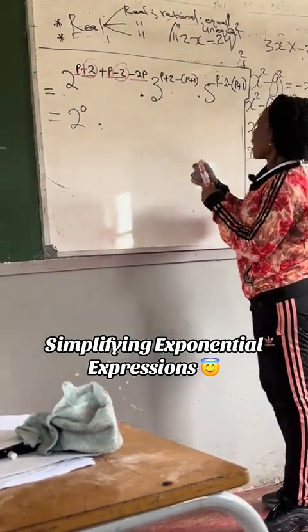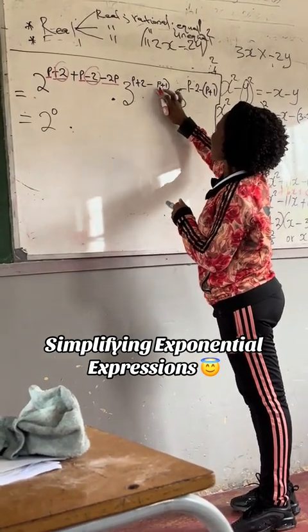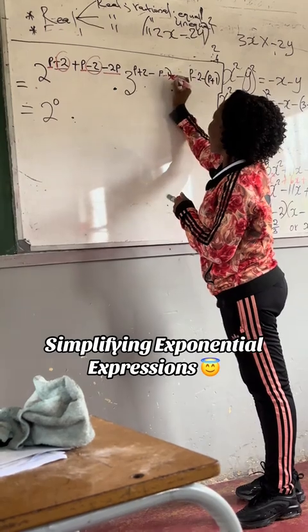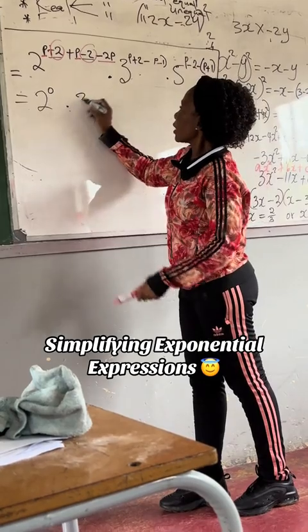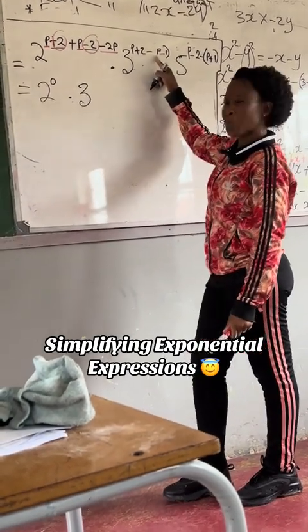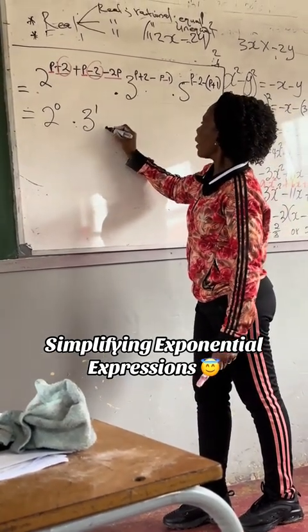And then remove the bracket. Allow me to remove this bracket, do you allow me? Yes. When I remove this bracket, I'll have minus. So this will be 3, and then P minus P, 0. 2 minus 1, 1.